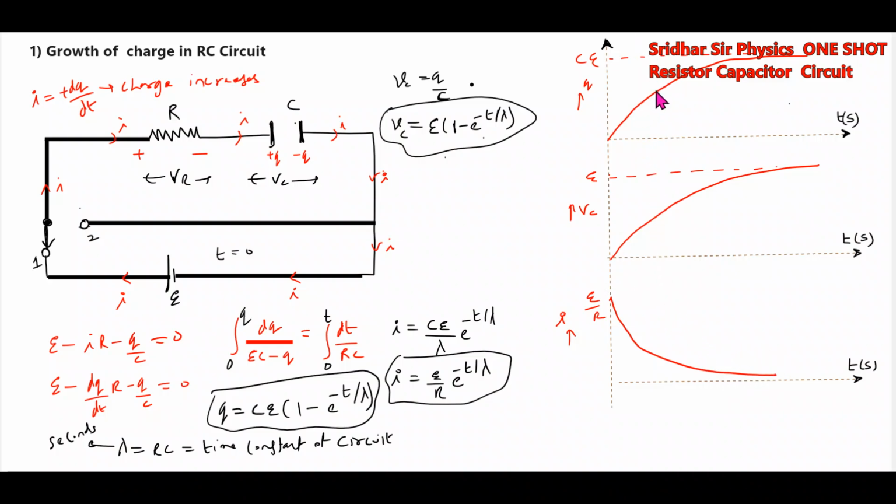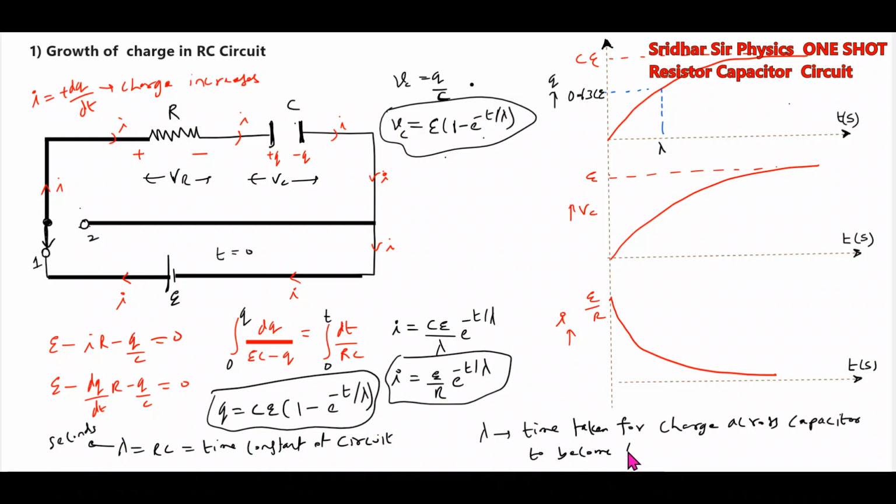So what is the time constant? This is the 1 lambda. It is the time taken for the charge across the capacitor to become 63% of its final value.